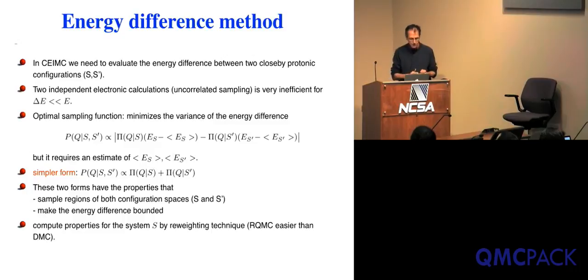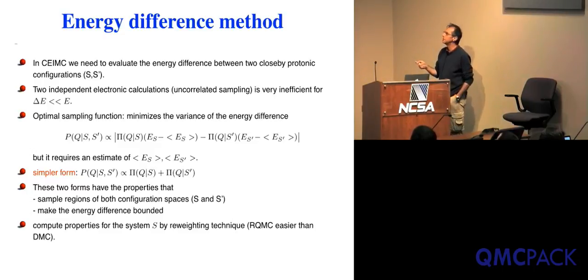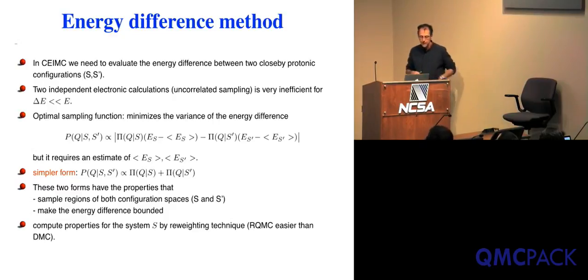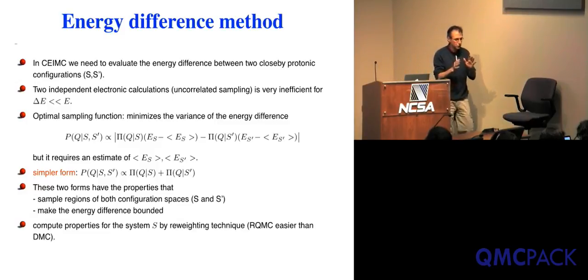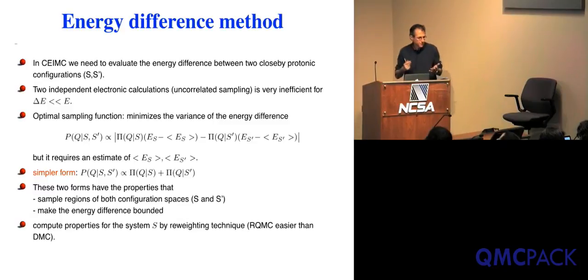Now, the energy difference method, well, here, as I said, the problem is that we have to compute the energy difference between two nearby protonic configurations, which I call S and S prime. They can be the same configuration, just moving one proton, or they can be nearby configurations moving all protons. This is something that you have to choose. And it depends very much on your wave function, I would say.